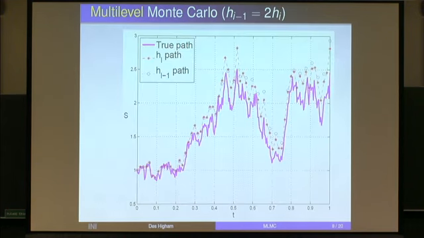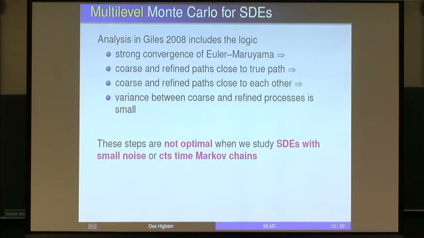And here's roughly why that's the case. He used this sequence of arguments. So we're trying to show ultimately that these pairs of paths, coarse and refined, stay close together in the sense that their variance is small. So starting at the top here, Euler-Maruyama on appropriate SDEs, in particular if you have global Lipschitz conditions, then you can make this statement, is strongly convergent.